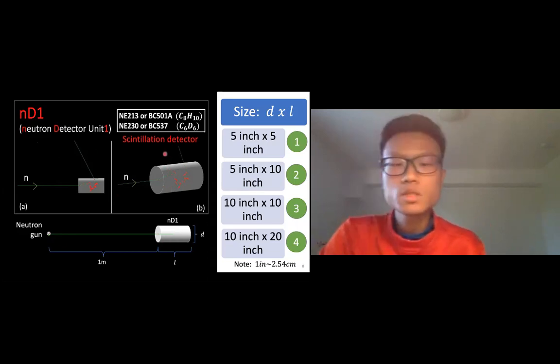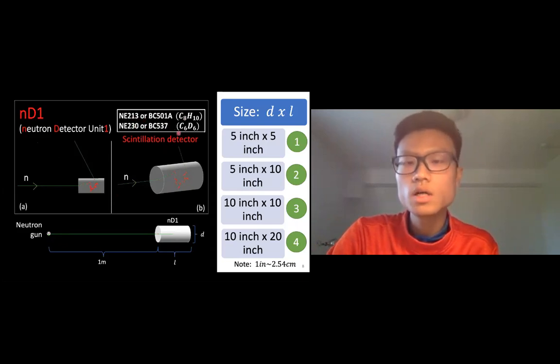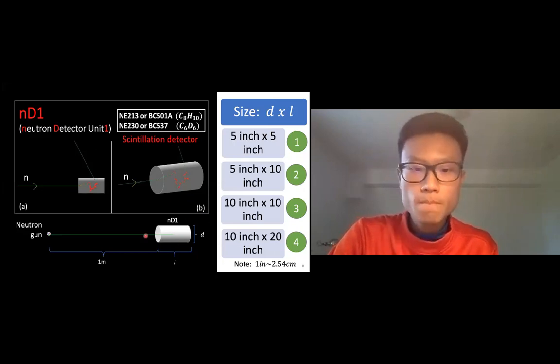For the scintillator, I chose two materials to study, which we call NE213 and NE230. The difference is that the first one is dominated by hydrogen, and the second one is dominated by nitrogen. And I study 4 sizes, which means different diameters and lengths of the cylinder, and I'll see just the response of it.